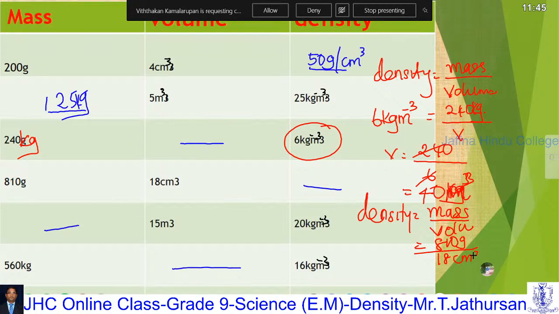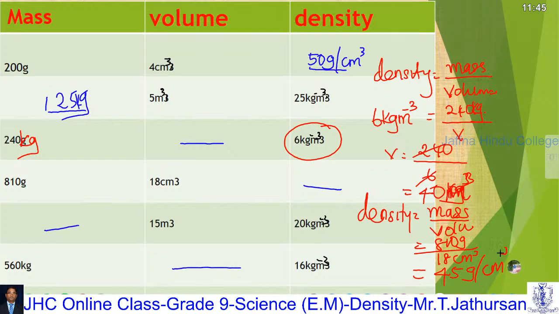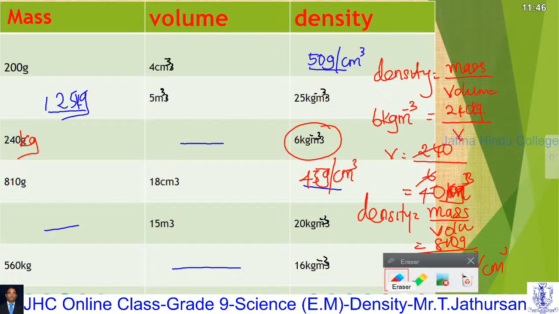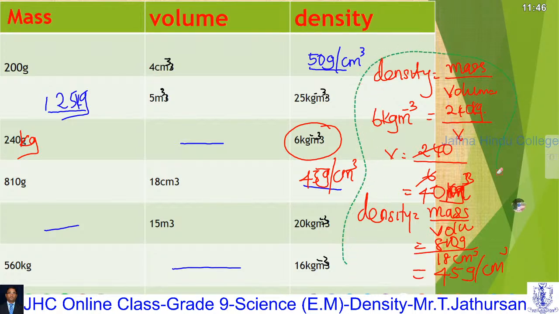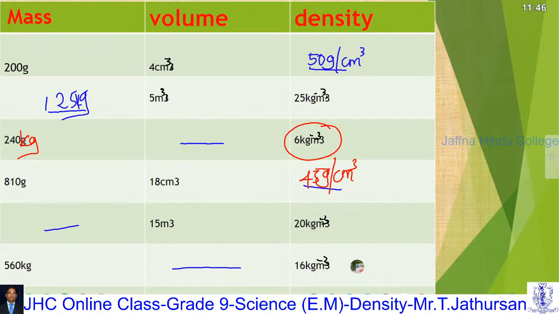So, what's the answer? 45 gram per centimeter cube. Right, next question.